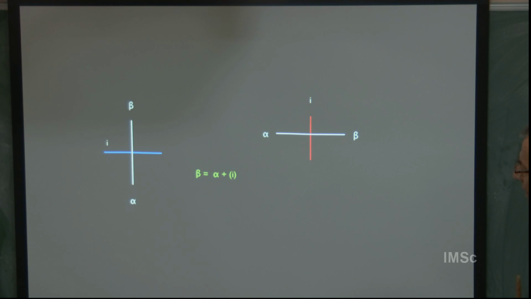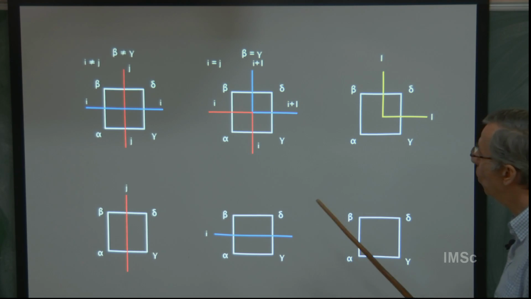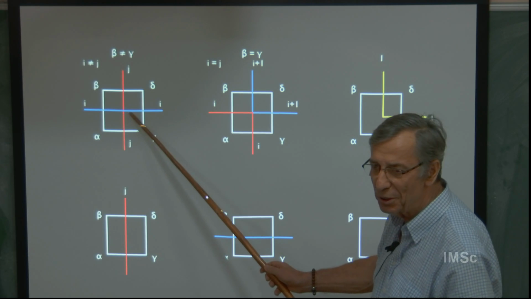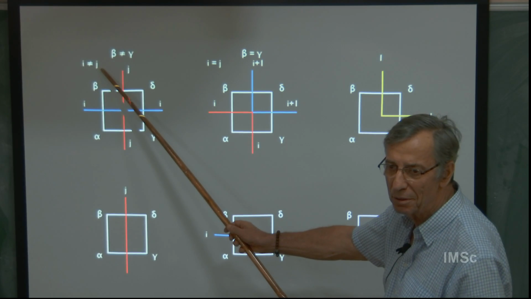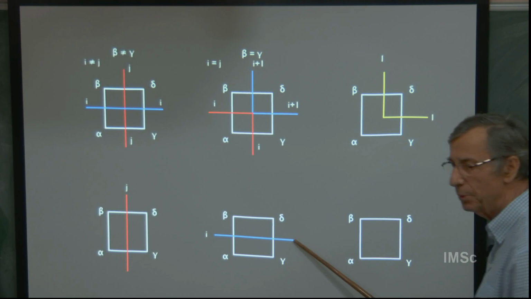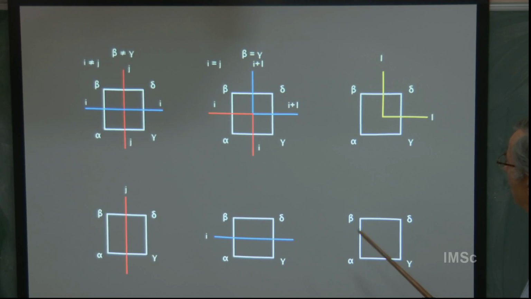And so if I combine these two cases, there are 6 different cases. In this case, 2 lines are crossing the square, I and J, with different colors. Here only 1 line is crossing the square. Here no line at all is crossing the square.